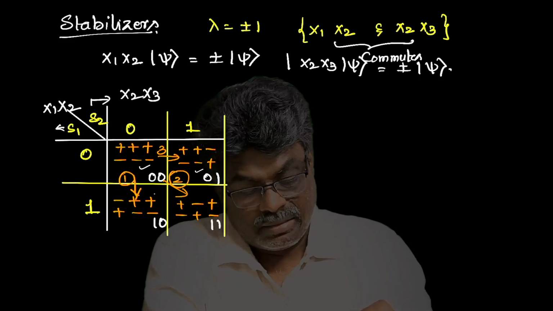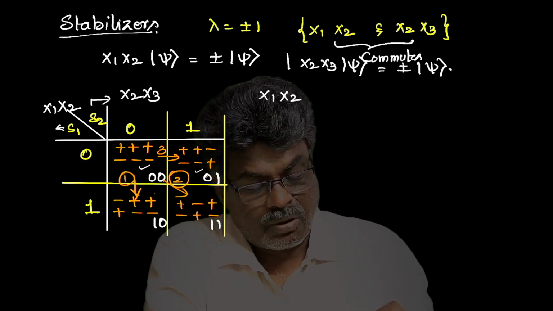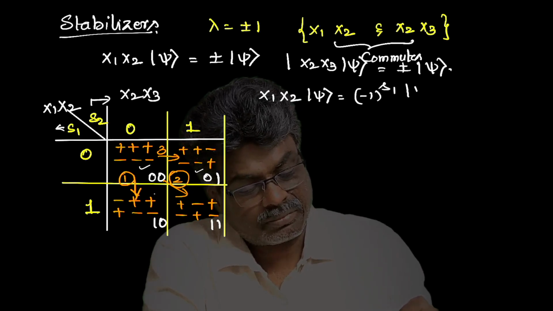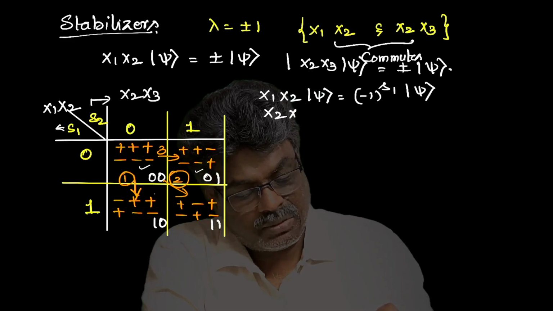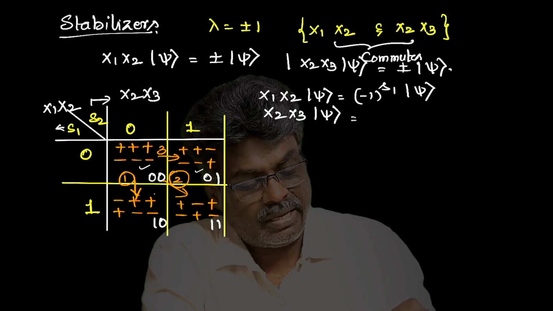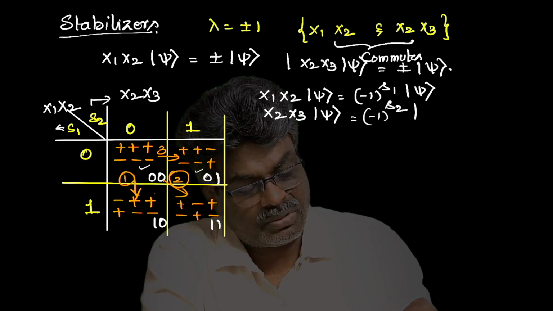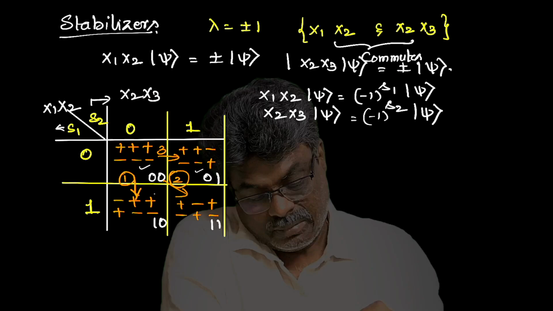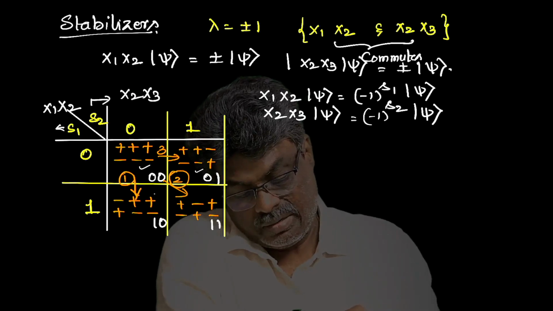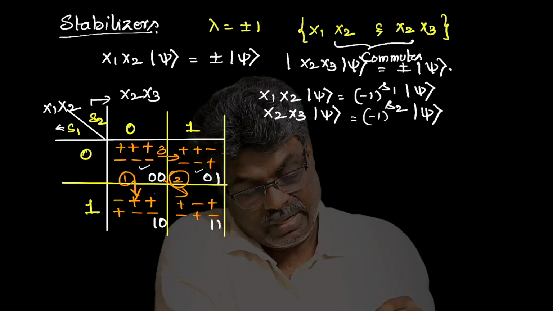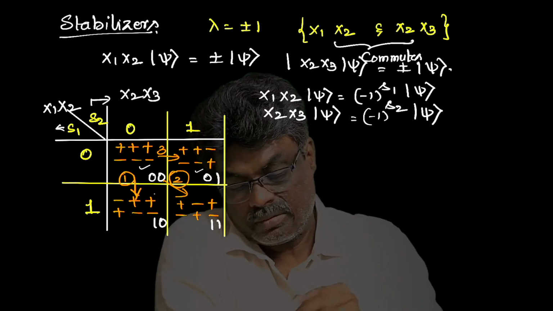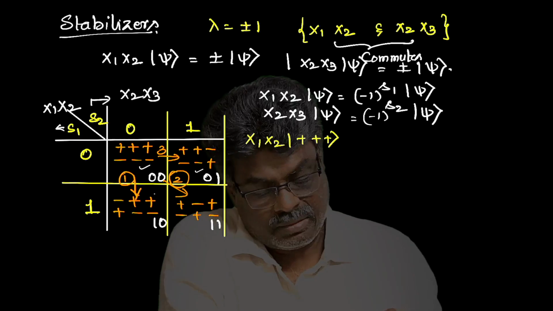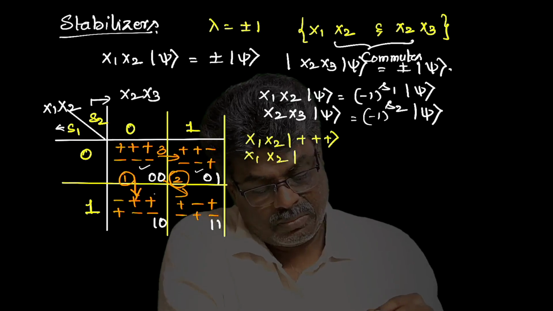So we can say x1 x2 operating on psi gives minus 1 to the power s1 psi, and x2 x3 operating on psi corresponds to minus 1 to the power s2 psi. Now let us check. For example, if you take the first one, we'll get x1 x2.